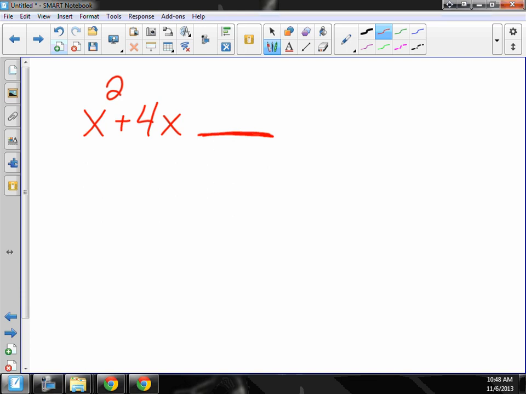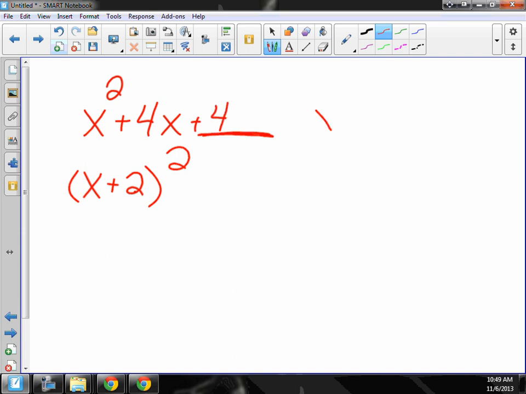Nope. So I need to know what goes in here first. This would be a plus 2. So plus 2. And if that's a 2, what would this be? 4, because it's 2 squared.